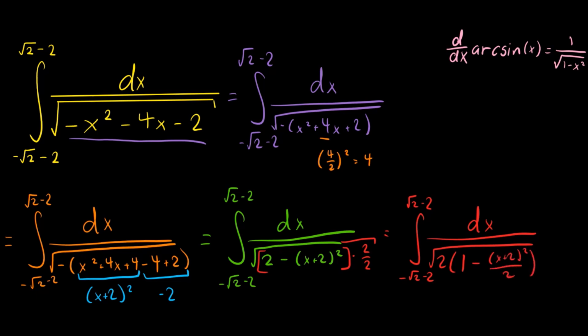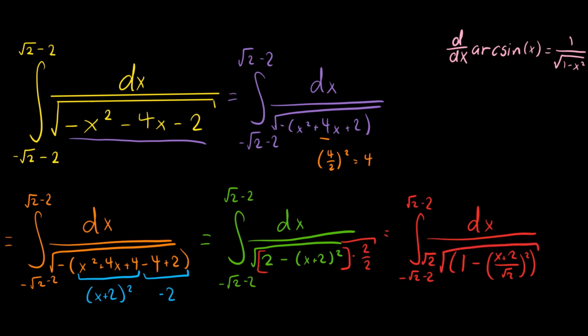And actually this 2 here we can just write as the square root of 2 squared. And now we can bring that inside the parentheses as just x plus 2 divided by the square root of 2, and all of that will be squared. Now this 2 here that we factored out, we can bring outside the square root into a separate square root, and everything else stays in its own square roots.